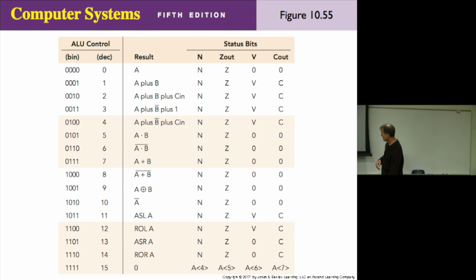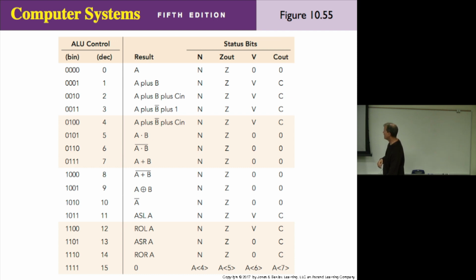Let's check it on the table. Figure 10.55, A and B, yeah, the V and the C bits are 0, specified to be 0 anyway. Yeah? Wait, what did we say?